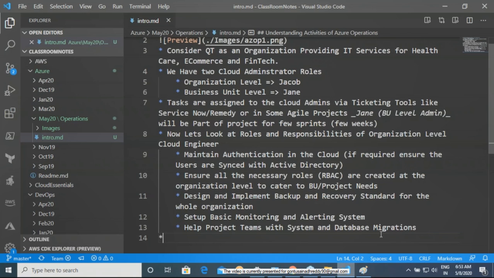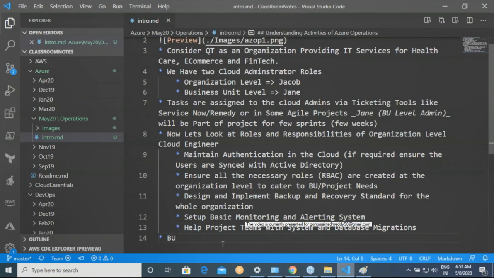Right. Now, first let's try to write this stuff. Right.